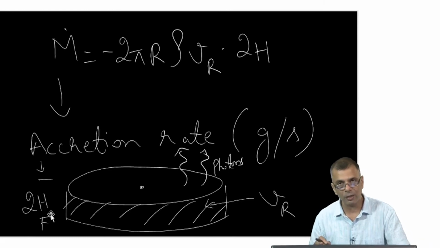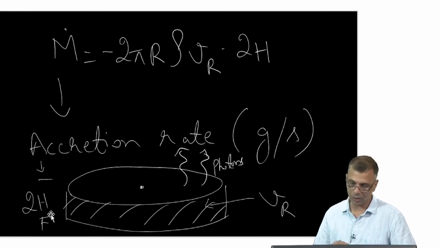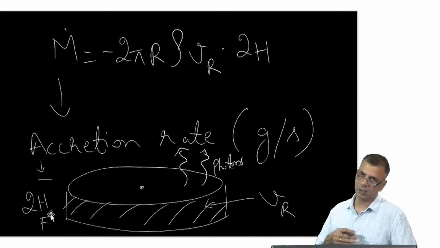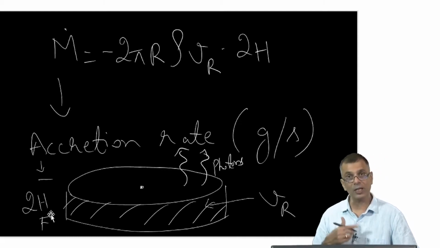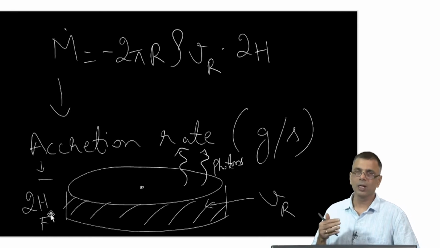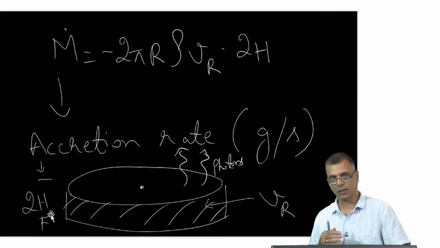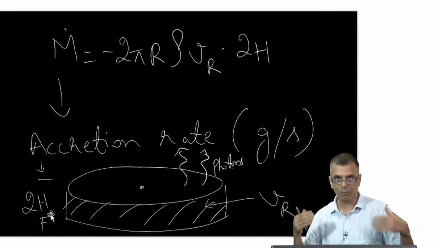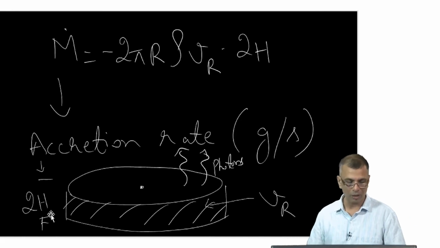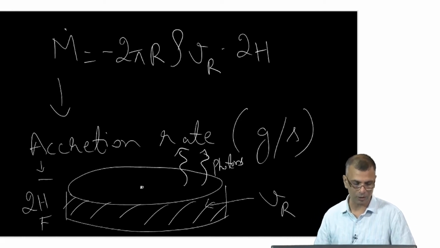Not directly the energy flux that's dissipated due to dissipation, but the energy flux which enables a heating, and therefore the photons that are indirectly a product of this kind of viscous dissipation.